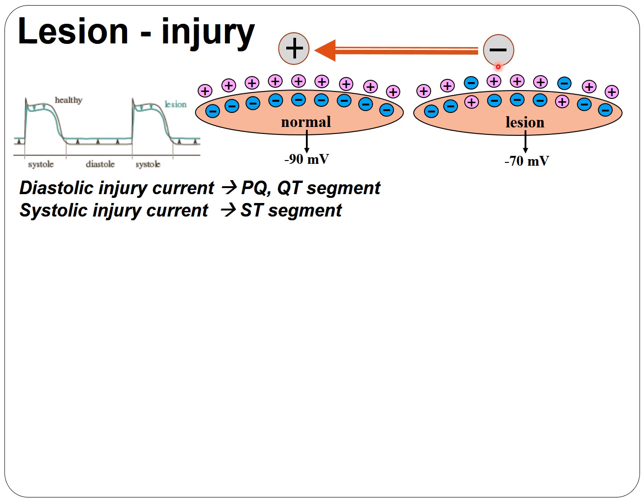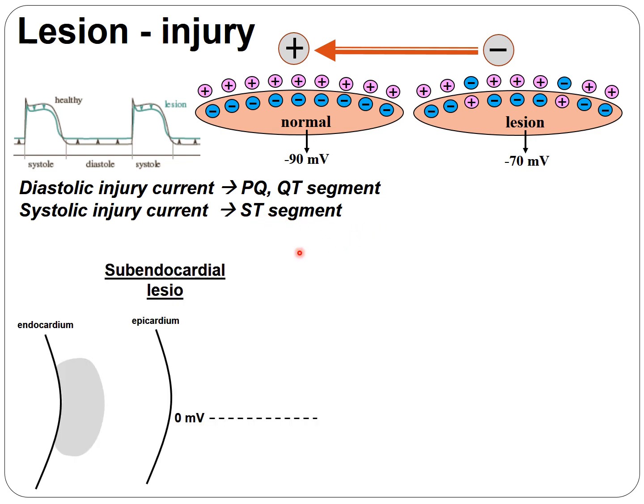So at rest, we do have a bipole pointing at the normal cells. This bipole generates what is called the diastolic injury current. During the systole, when the cells depolarize, you can see nicely that in the lesion, less positive charge can flow into the cells compared to the normal one. So we do have a systolic injury current as well that influences the ST segment.